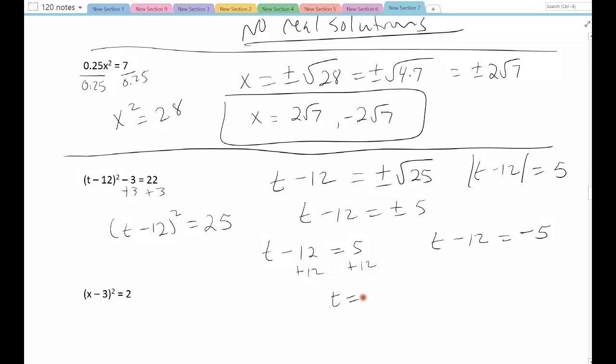So the first one is going to come out 17, and then the second one is going to come out 7.